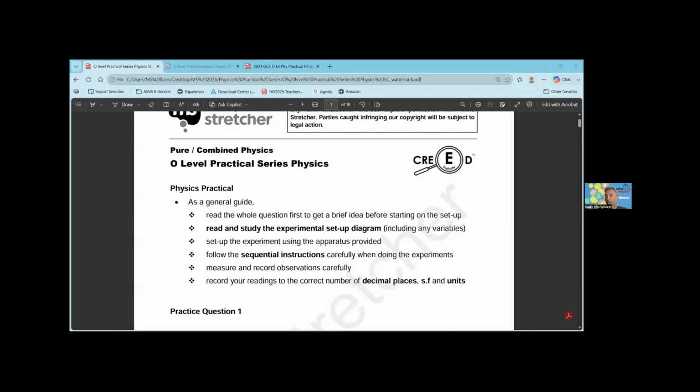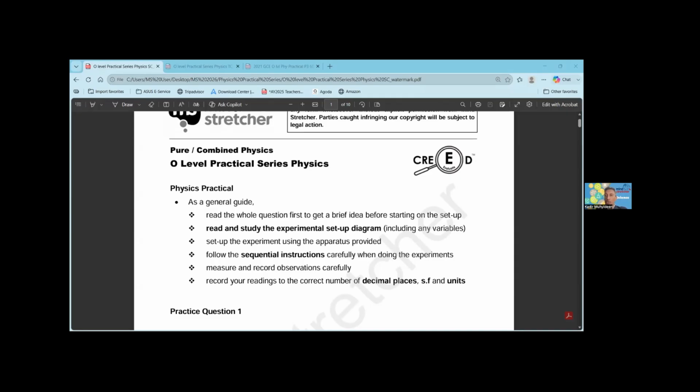Guys, please check whether you all have the O level practical series handout, because we will be going through it mostly. In the next 2 hours, we will be discussing how to answer practice questions 1, 2, and 3.